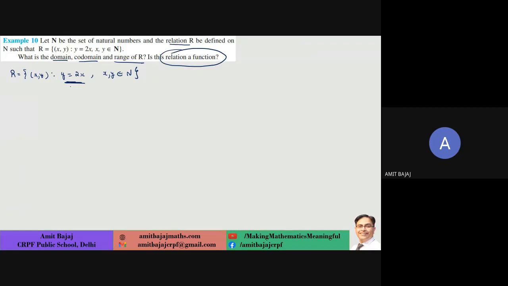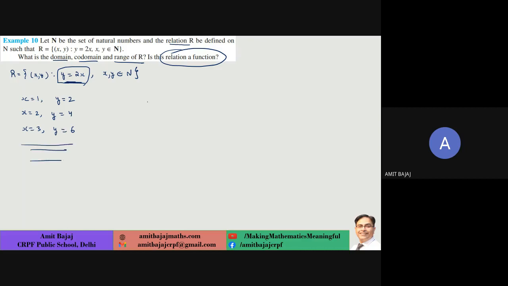So check this out. We know x and y both are natural numbers, right? So when x is 1, clearly by definition y is 2. When x is 2, y is double of this. When x is 3, y is double of this, and so on.